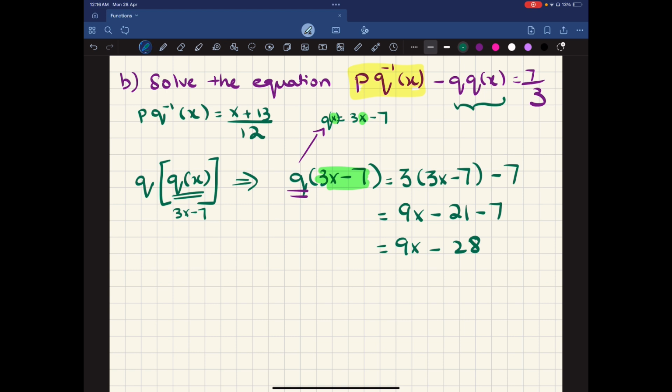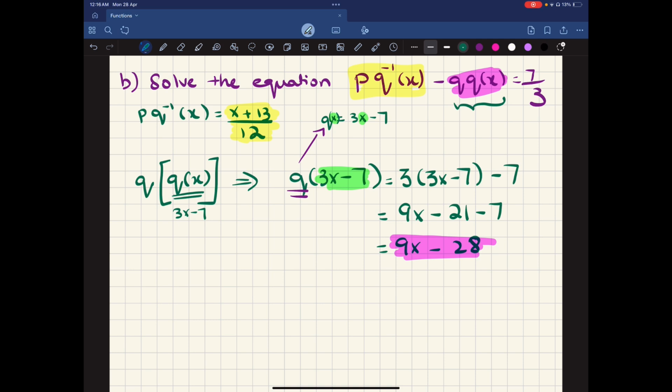Okay, so now we also have this part. qqx is equal to 9x minus 28. Let's make the substitutions into the function. Okay, pq inverse is this.